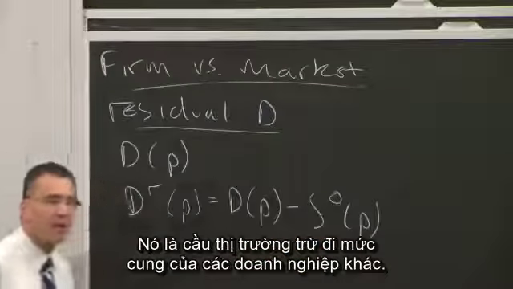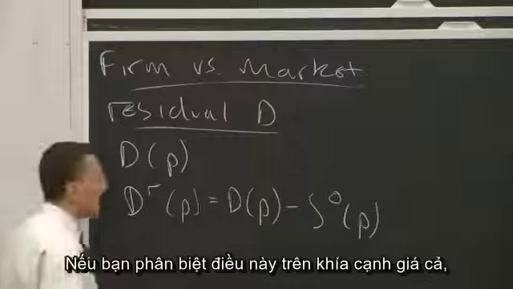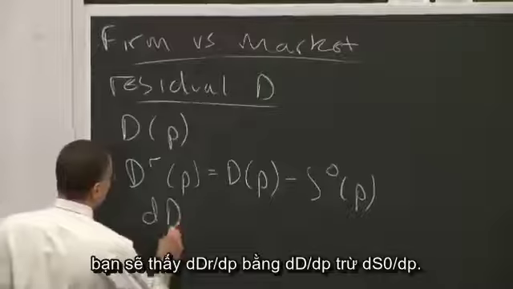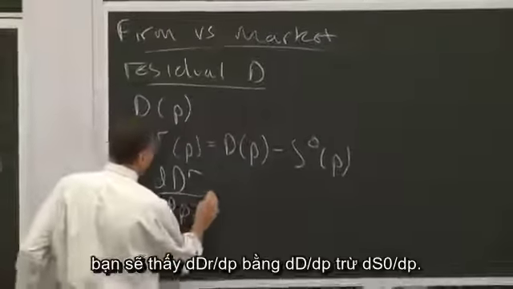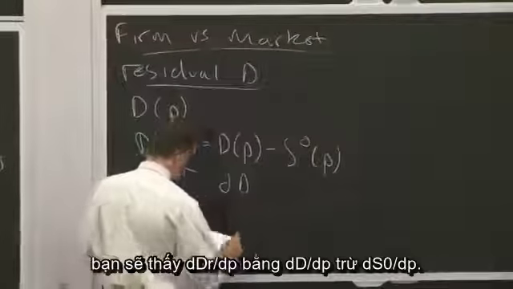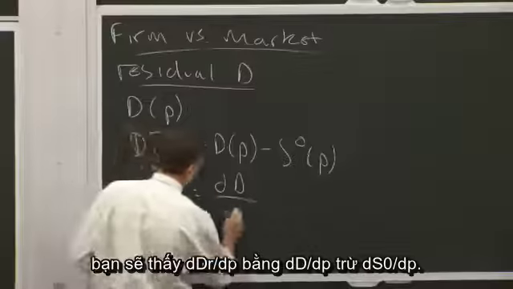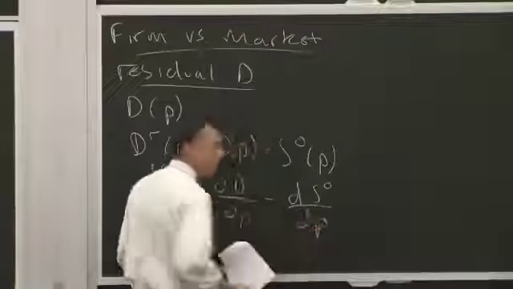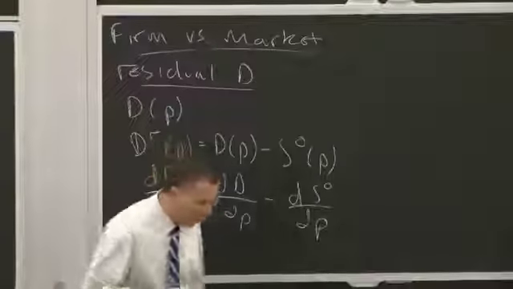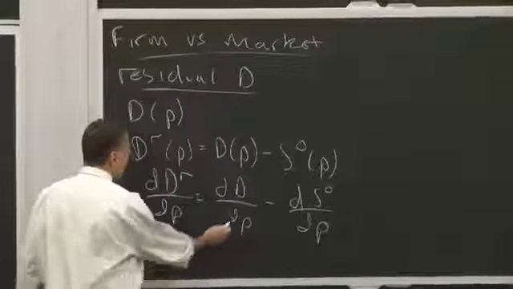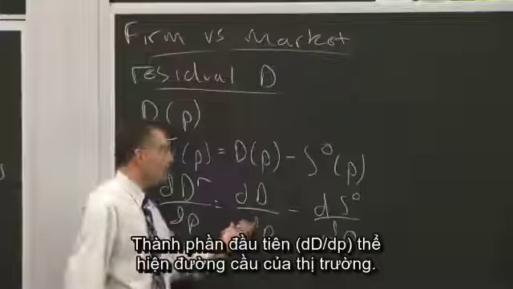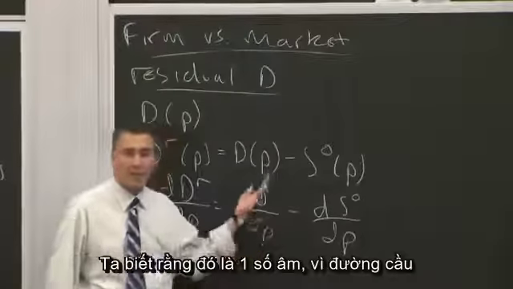If you differentiate this with respect to price, you'll see that dD^R/dP equals dD/dP minus dS^0/dP. The first one is the market demand curve. We know that's a negative number because demand curves slope down.